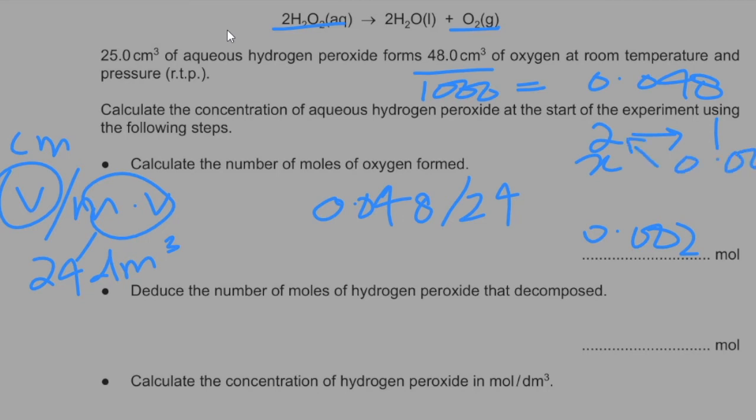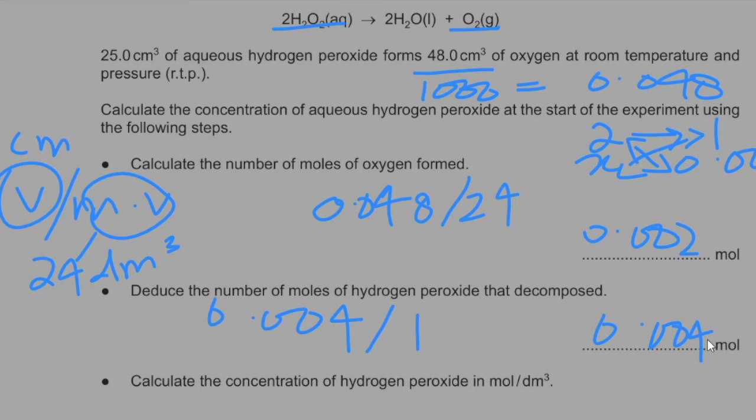You multiply these two values, and divide the product of 2 and 0.002 by 1. The product over here is going to be 0.004, which means 0.004 moles of hydrogen peroxide decomposed.